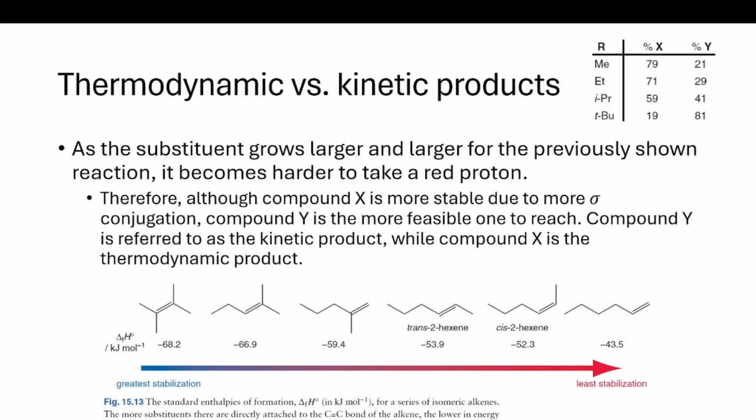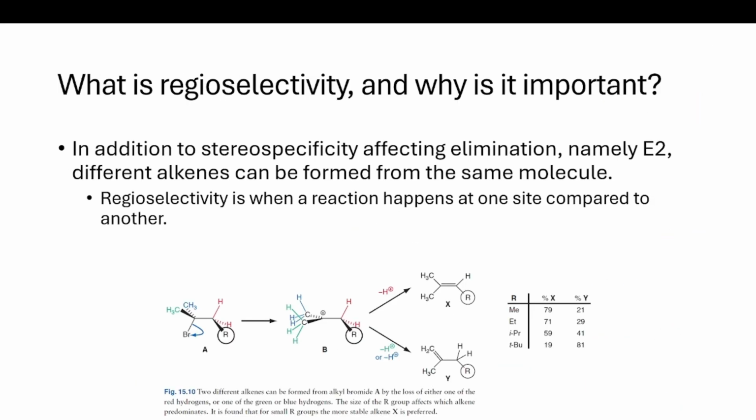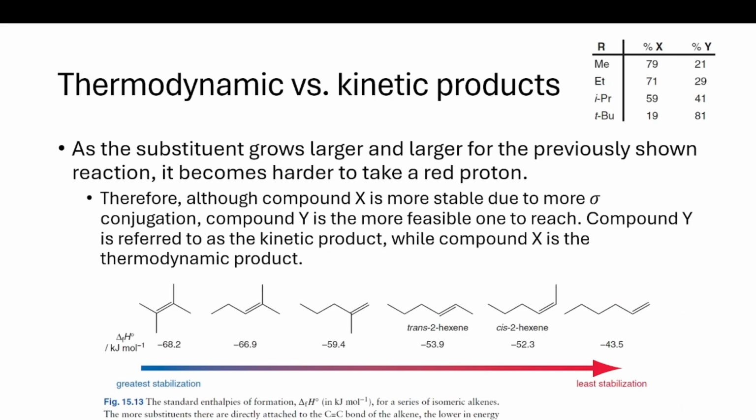Therefore, compound X is going to be more stable due to more sigma conjugation. However, compound Y is the easier one to get to. So although compound X is more stable, which is referred to as the thermodynamic product, compound Y is simply more feasible to reach, which is known as the kinetic product.